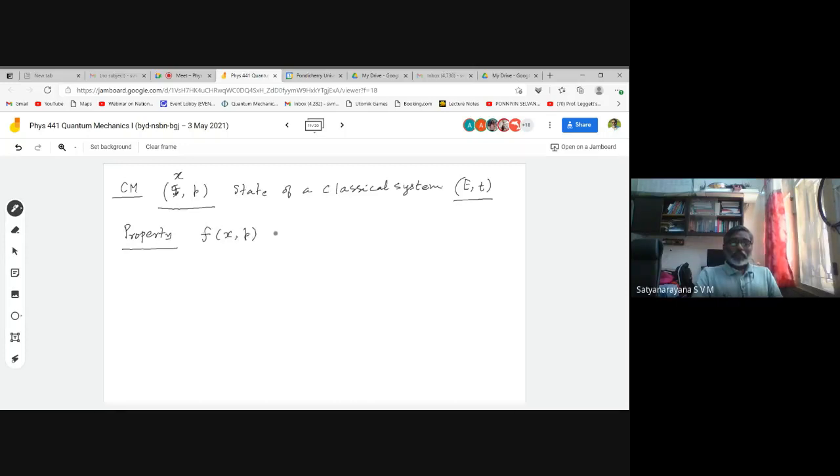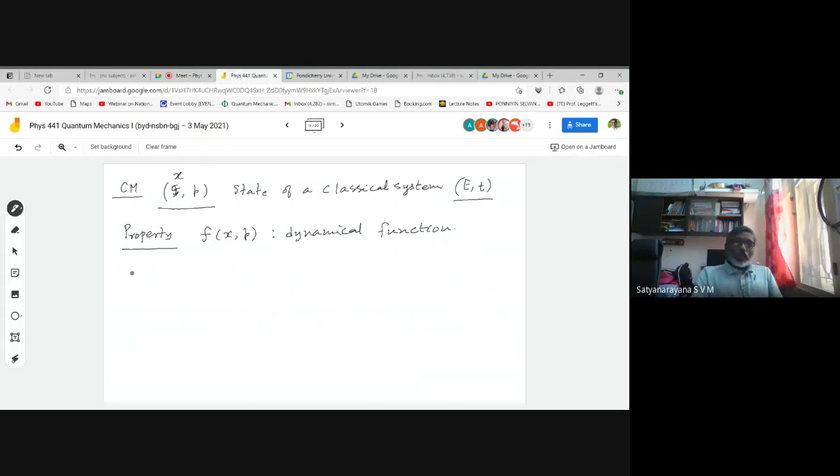One generally calls this a dynamical function. One of the important properties is the Hamiltonian itself. The Hamiltonian is a function of x comma p.